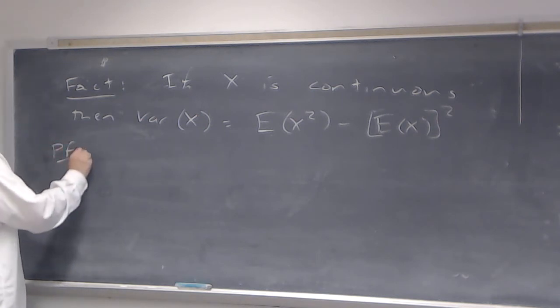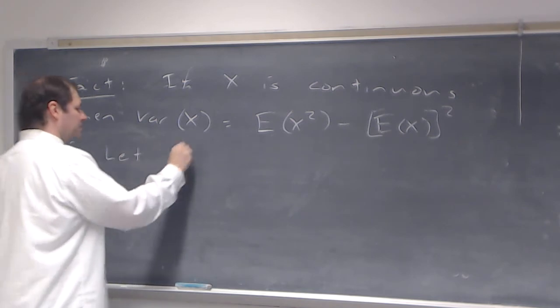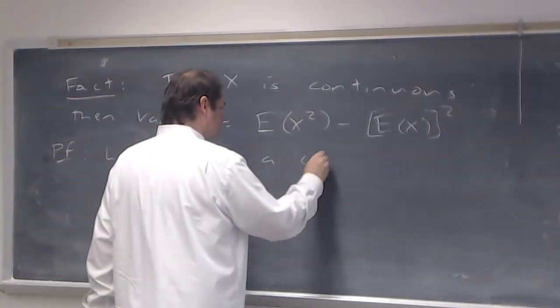So here's the proof. We let x be a continuous random variable.